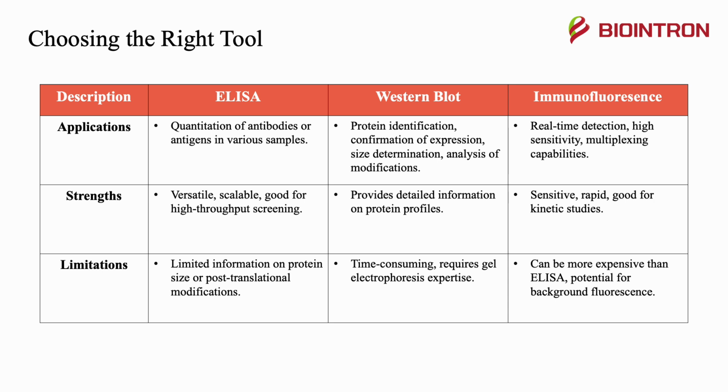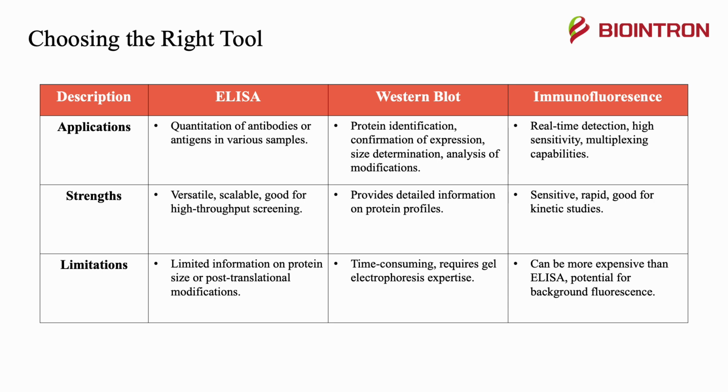However, it provides limited information on protein size or post-translational modifications. The Western blot is used for protein identification, confirmation of expression, size determination, or analysis of modifications. It provides detailed information on protein profiles. However, it is time-consuming and requires gel electrophoresis expertise.